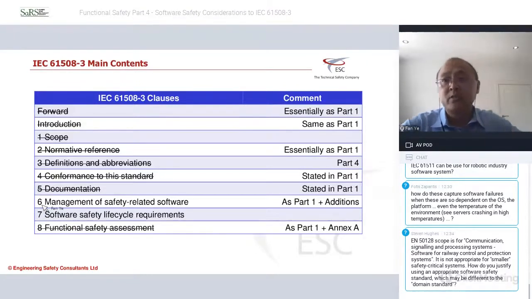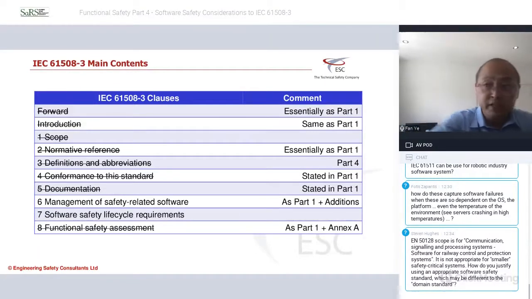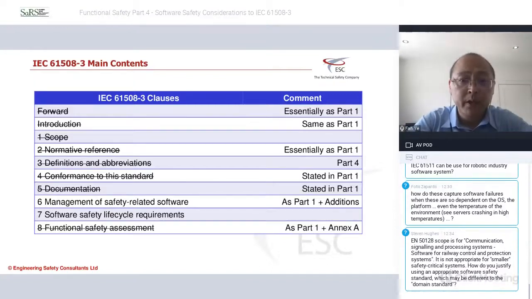Clause 6 has a bit of additional requirements on top of those already listed in Part 1. As you can probably imagine, it covers the configuration management requirements, because software configuration management is key to software-related projects.